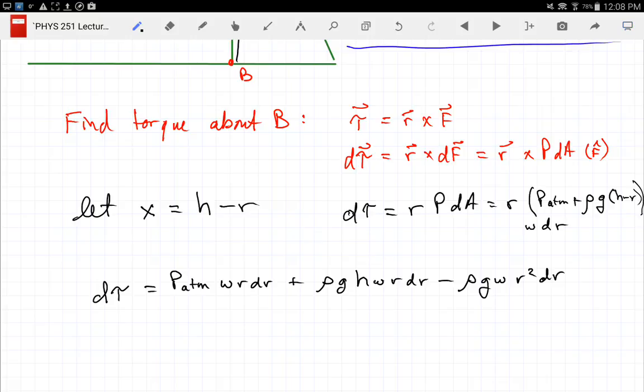There I've separated it out into three terms. Obviously two of them are integrals of r dr, and the third one is the integral of r squared dr. And now I can just integrate from 0 to h.